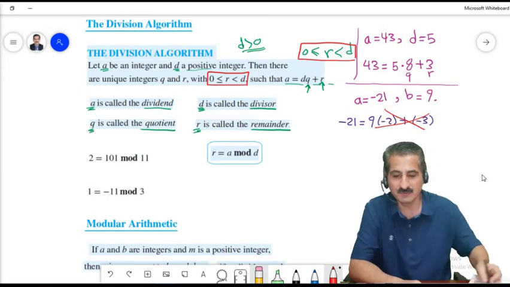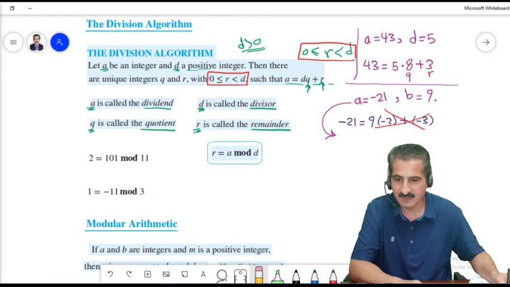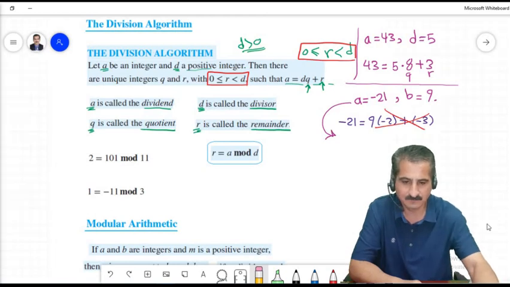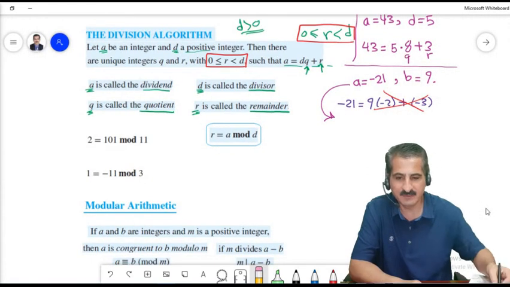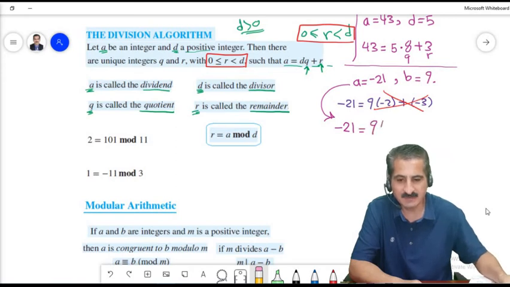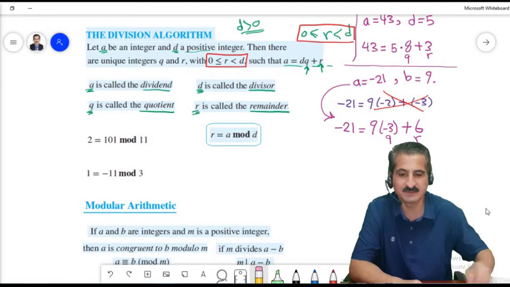So we will go again and rewrite negative 21 as 9 times negative 3, which gives me negative 27, plus 6. Now this is Q and this is R, and it is non-negative.